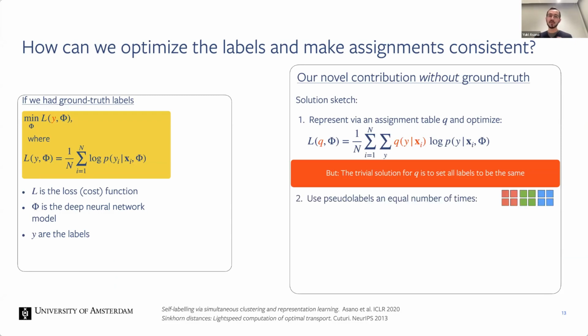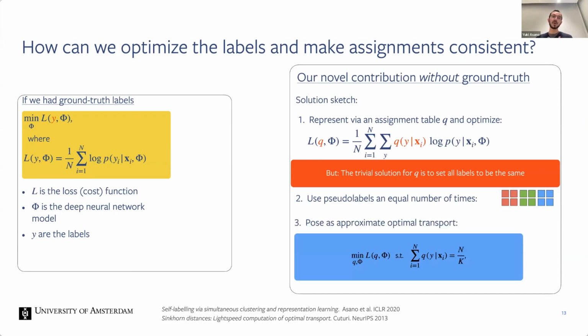And what we did here, we solved this basically using some sort of regularization, which, as it turns out, can be posed as optimal transport, for which the mathematician and machine learner Cuturi has some amazing papers, which you can actually solve extremely quickly using matrix multiplies, which of course is exactly what GPUs love. So we put that out there, and overall, we use this to basically make these assignments consistent.